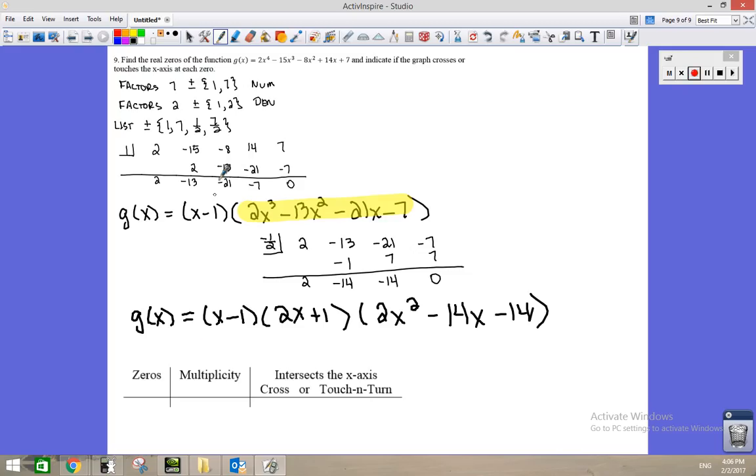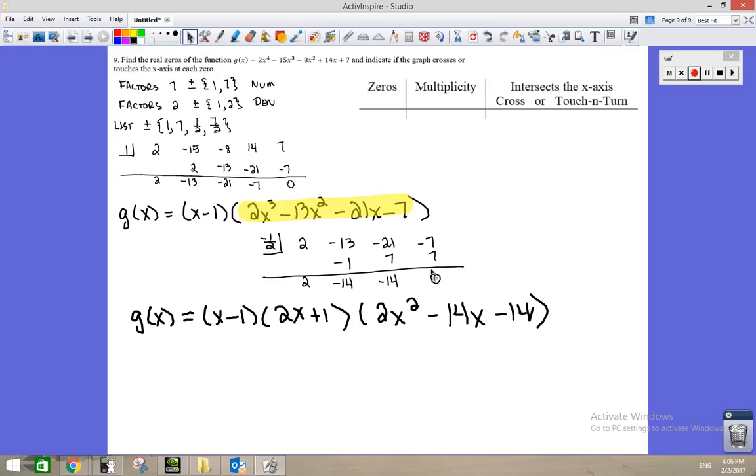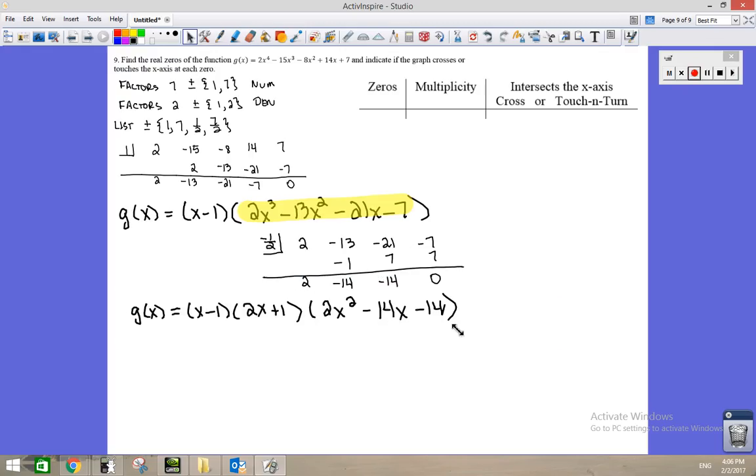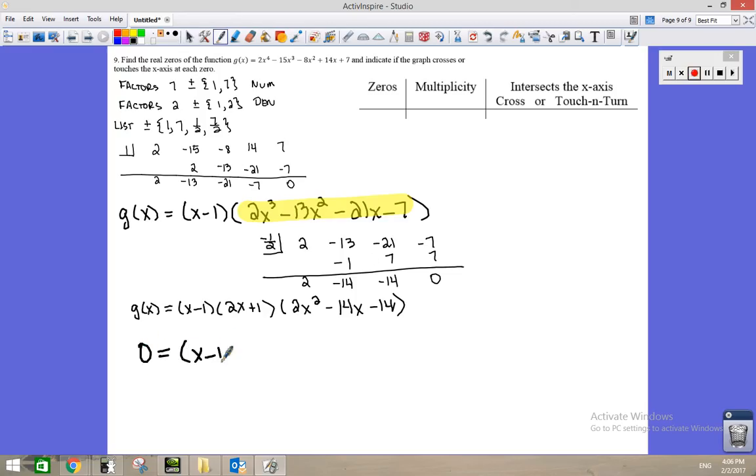So I'm going to factor a 2 out from there. I'm going to move my table up here. And we're getting close to the finish line. With all these being even numbers, I'll just factor out a 2 and get x squared minus 7x minus 7.